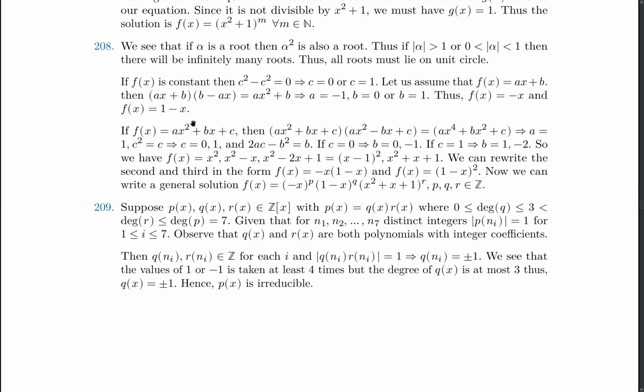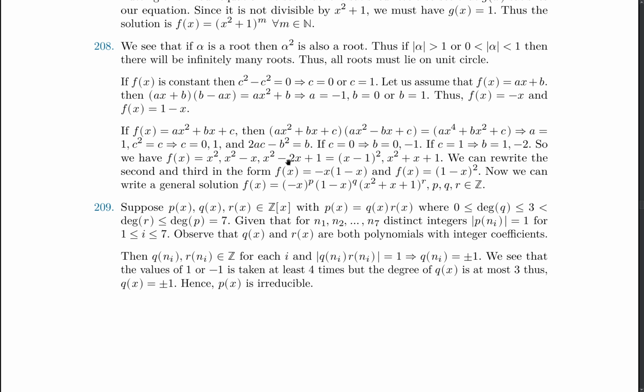Now we consider f of x is equal to x square plus bx plus c, and we repeat the same exercise. We substitute in the given identity and we solve. If c is 0, then b is equal to minus 1, and if c is 1, then b is minus 2. So we have the following solutions: x square minus x, and x square minus 2x plus 1.